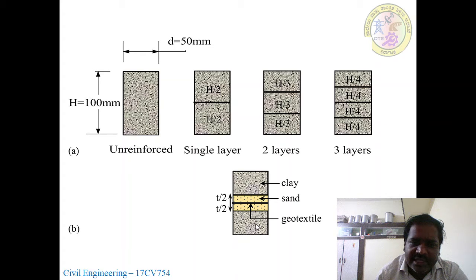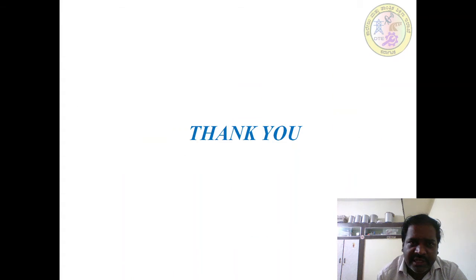Between two clays, we have sand as well as geotextile. This procedure is nothing but the sandwich technique. In figure B, in between two clays we have sand, and in between the sand we have a geotextile. That will be called the sandwich technique.